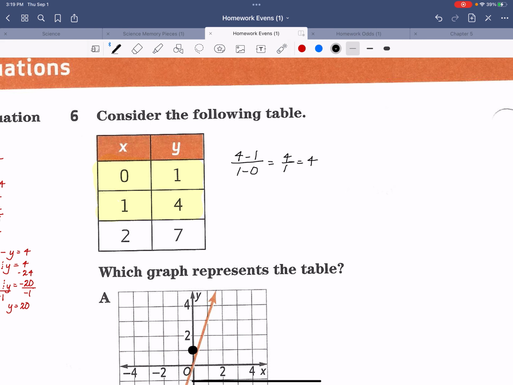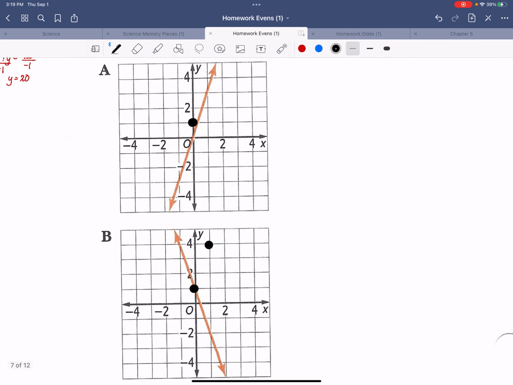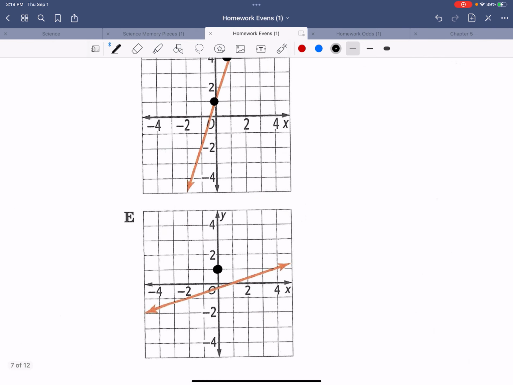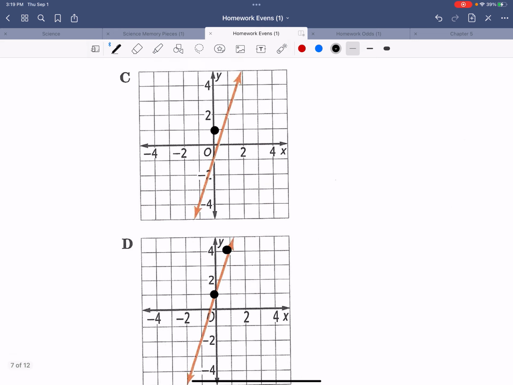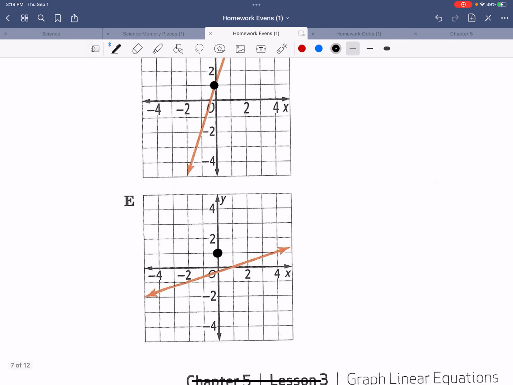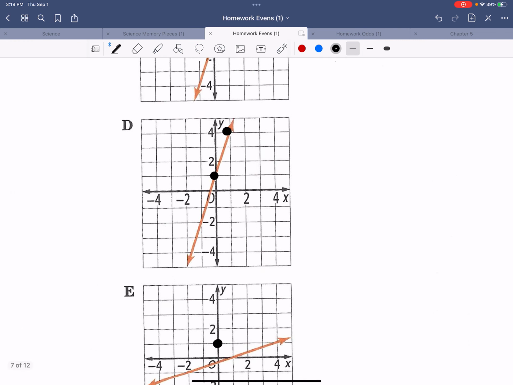It's positive. So we could eliminate b. That's a negative slope. It also doesn't match. And we could only eliminate b on that one. I could eliminate e because it's not steep enough. A slope of 4 would be very steep.